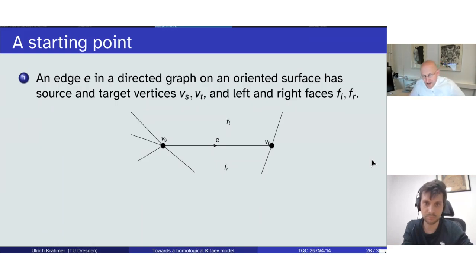And if you now zoom in on one such edge and you are on a two-dimensional manifold and it is oriented and the graph is directed, then you can always think of a picture like this locally around each edge. And then you realize, okay, each edge then has a starting vertex, a source vertex, and it has a target vertex, an end vertex. And it also has a left face and a right face, okay?